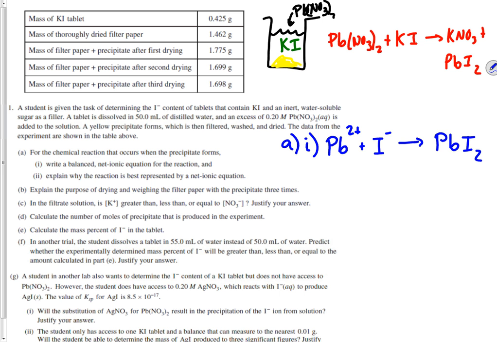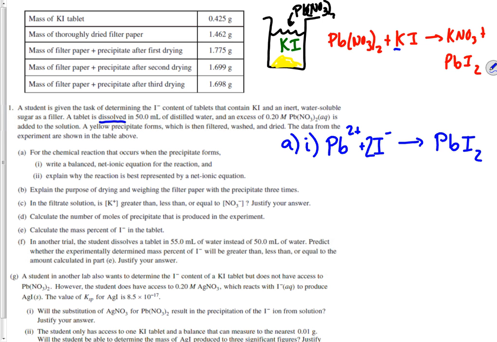One little mistake, or I haven't finished? I need to balance charges and elements. There's a zero charge on the right, so it has to become a zero on the left. No, it dissolves though. The tablet is dissolved. It was a solid.